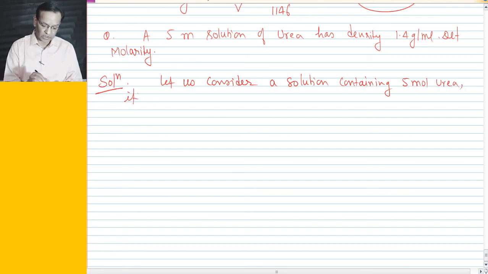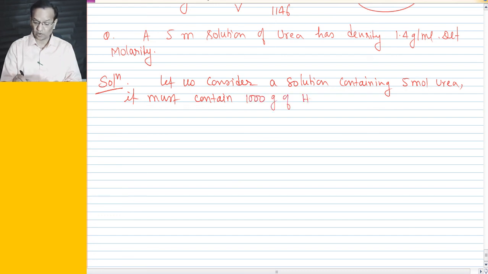Then it must contain 1000 gram of water. So mass of solution will now be equal to mass of solvent plus mass of solute, which is 5 into 60, so it is 1300 gram.